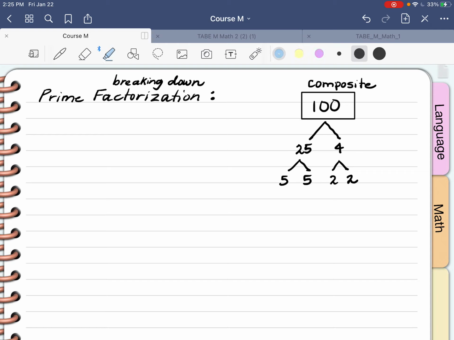It can't break down anymore. So the prime factorization of 100 is going to be 2 times 2 times 5 times 5. If you want to write that with the algebra way, you would have 2 to the 2nd power times 5 to the 2nd power.